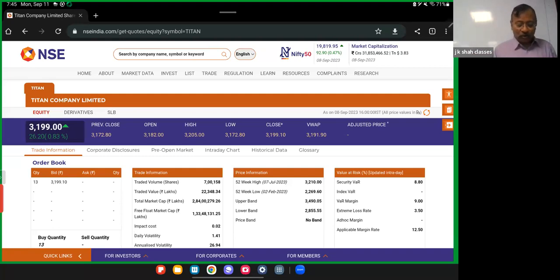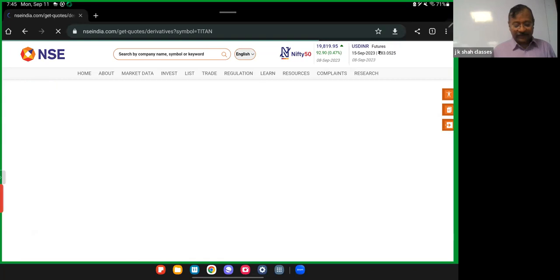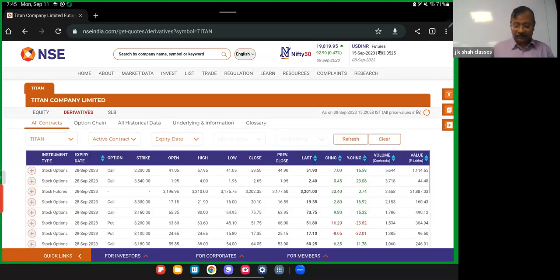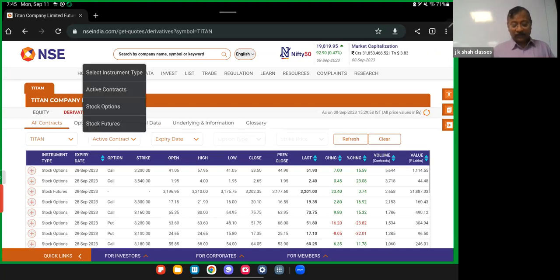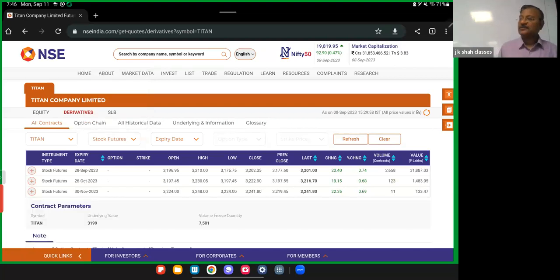Now I switch to the next tab, which is derivatives. It gives me this screen. You see select instrument types, active contracts, stock options and futures. Understand, the chapter we are studying right now is options and futures, but right now we are focusing on futures. I select futures. Now you notice there are three future contract expiry dates: 28 September, 26 October, 30th November. 3-month future contracts.